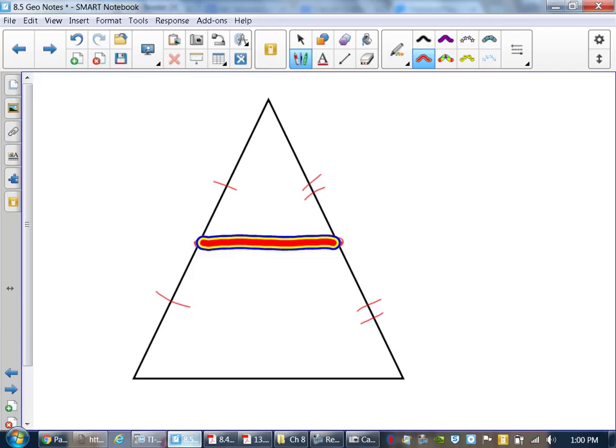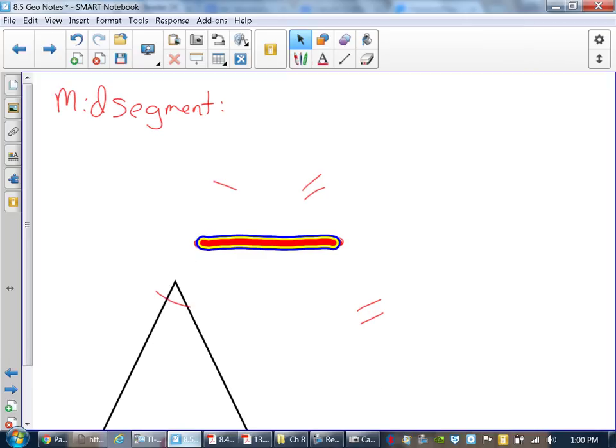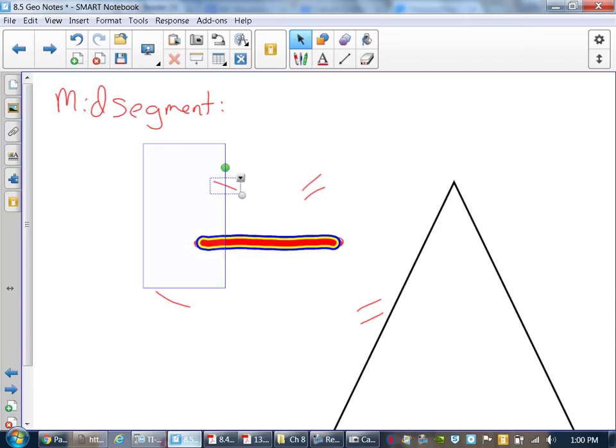The mid what? Mid segment. Good. We actually worked with the mid segment a long time ago. It's not so much for triangle stuff today, but we're going to look at a mid segment in terms of trapezoids. So we'll move this guy out of the way.